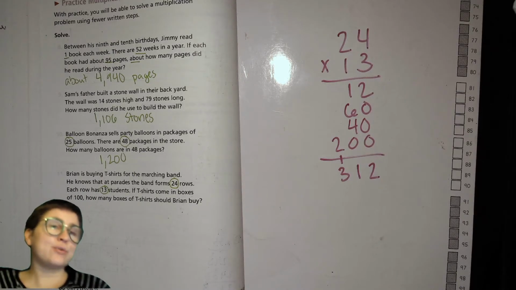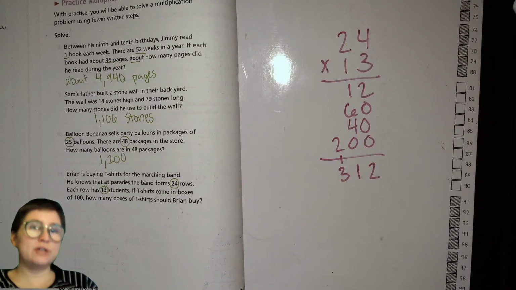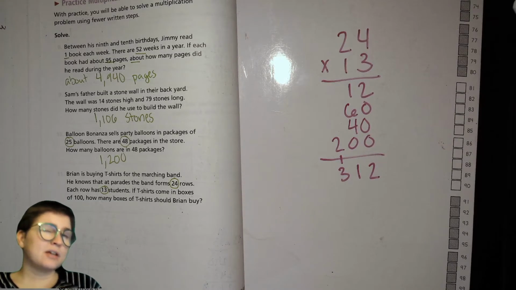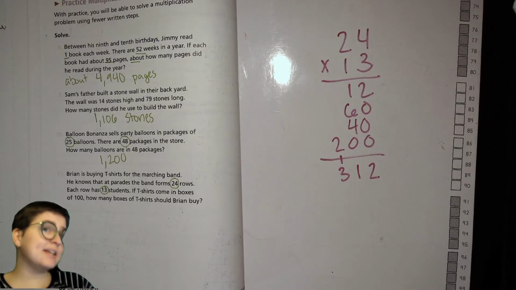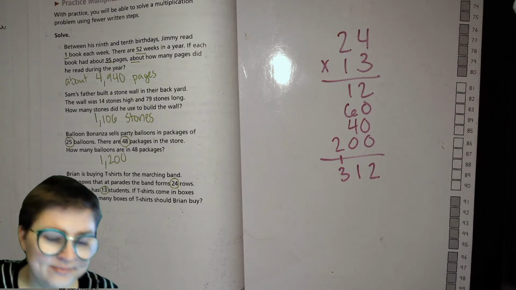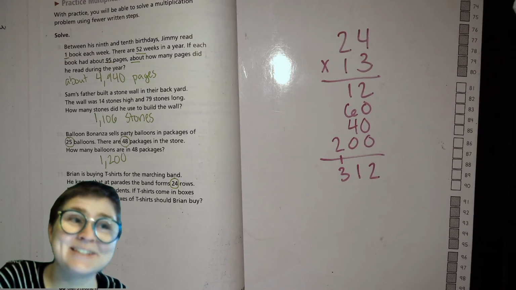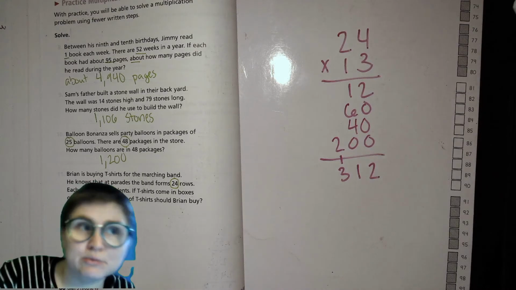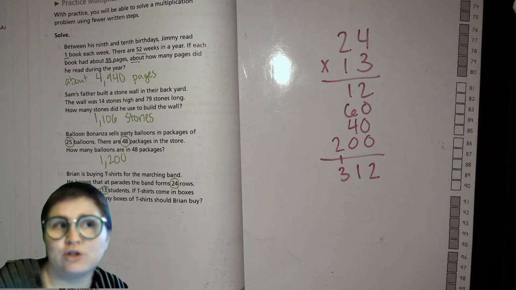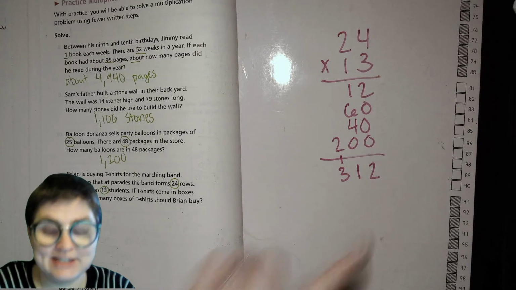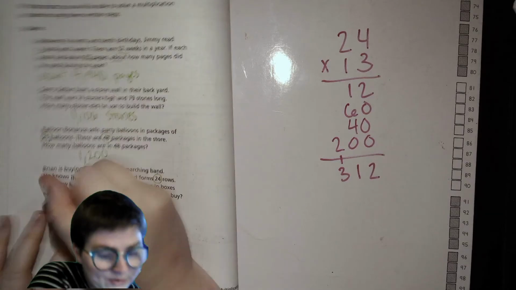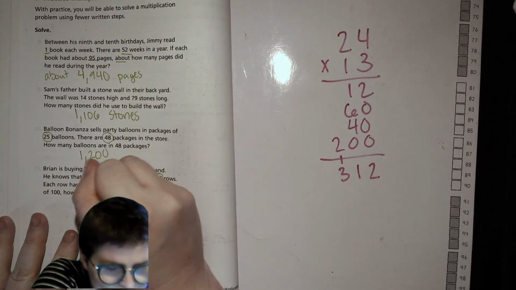If we buy 3 boxes, we will have 300 shirts. If we buy 4 boxes, we will have 400 shirts. Which would be the right number of boxes in order for each kid to have a shirt? 4 boxes, right? Because then there are some extras. Maybe some new kids join the band. But that way, at least all these kids will have a shirt. So 4 boxes.